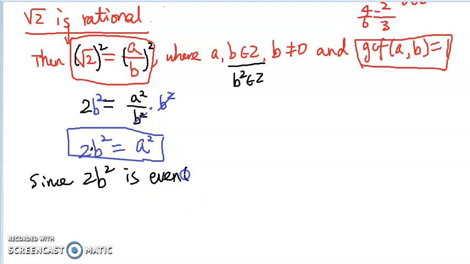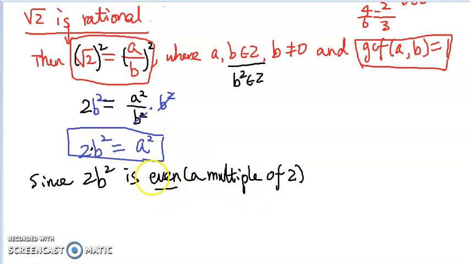So since 2b squared is even, or you should say a multiple of 2, because for any number which is a multiple of 2, we have a special name, we call it even. But what if this number is not 2, what if it's a 3? Then you cannot call it by a name anymore. We don't have a name for a multiple of 3.